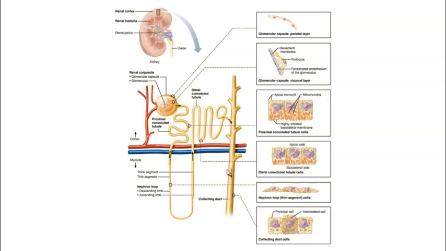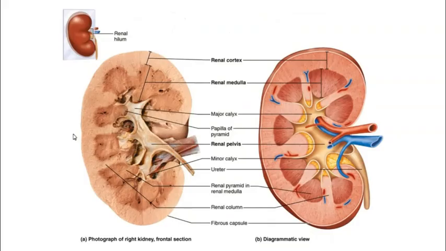The collecting ducts themselves are actually located in parallel to one another inside of the renal pyramids. These are what give the pyramids a striped appearance, because all of these collecting ducts are oriented parallel to one another.